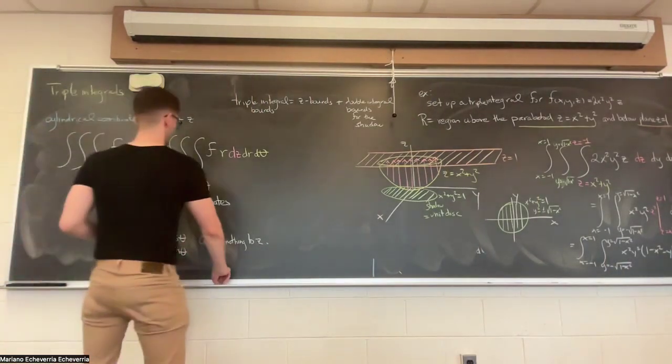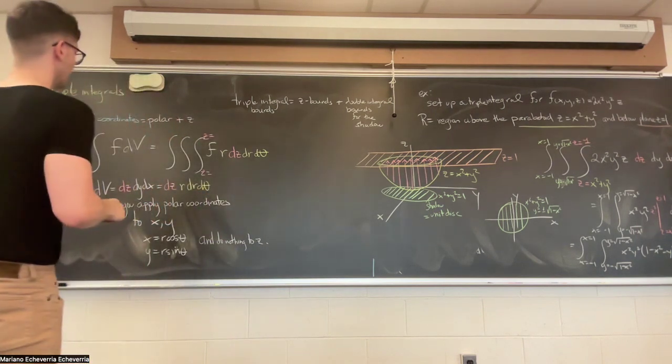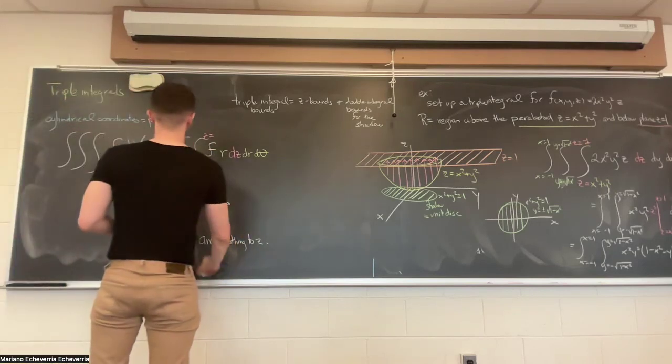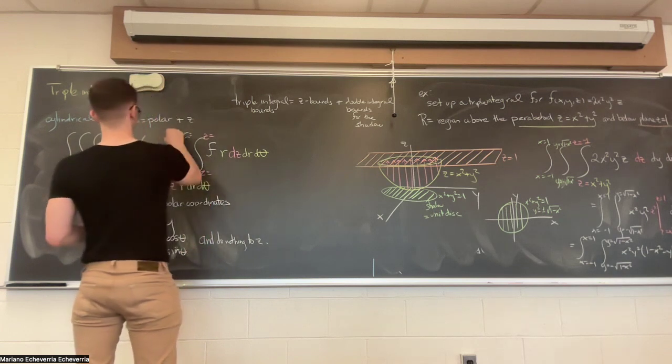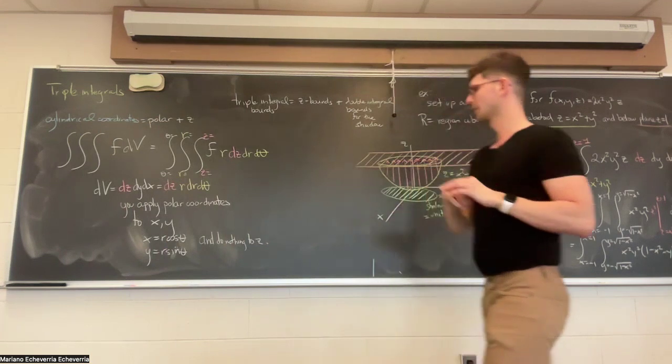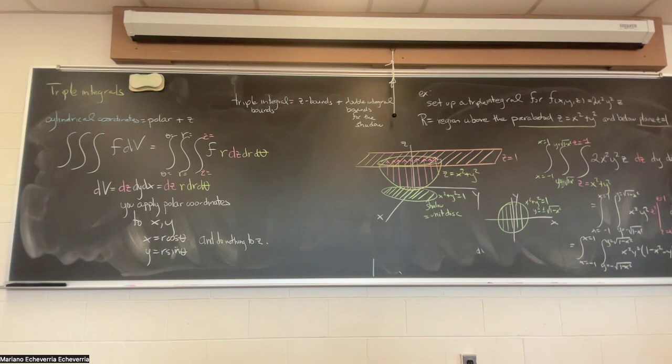So it's still z bounds here, and in this case it's actually r bounds, and then these are theta bounds. I'll show you how this looks in cylindrical so that you can see what I mean. But it's really just a hybrid between polar and the z coordinate.